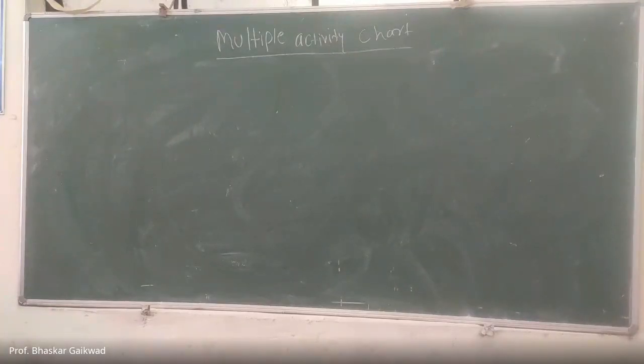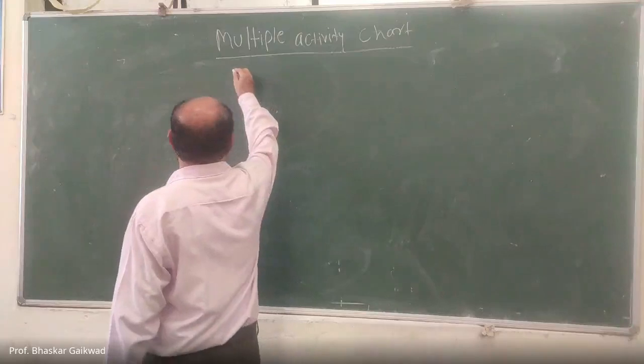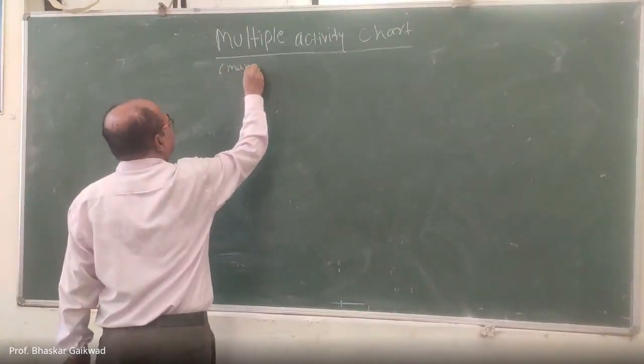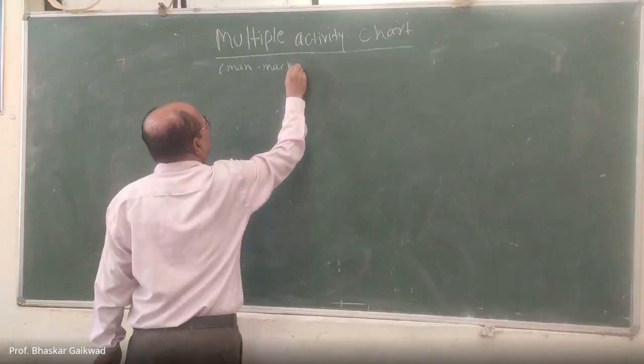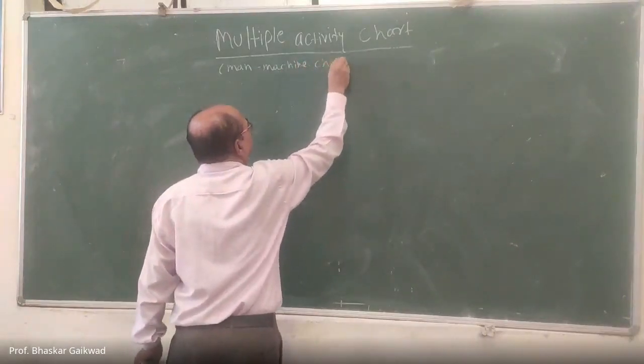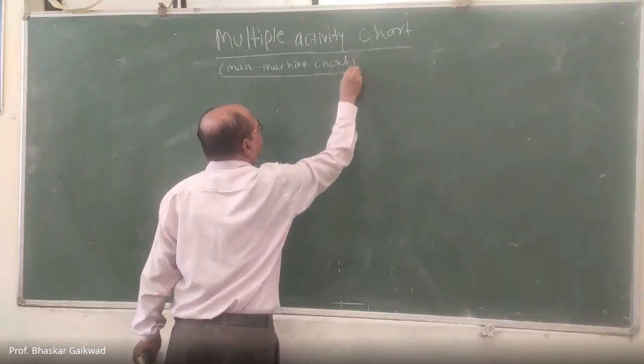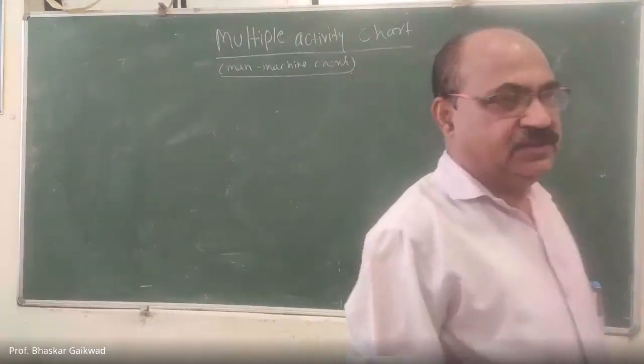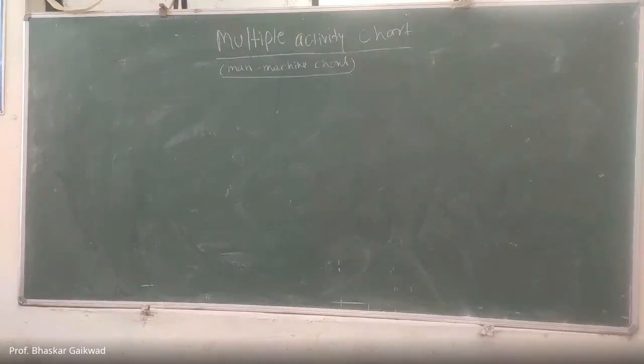In the multiple activity charts, we will first see the man machine chart. Under this there is the man equipment chart, man material chart, and machine material chart. Out of this, we'll take one example, the man machine chart, where one man is handling two machines.